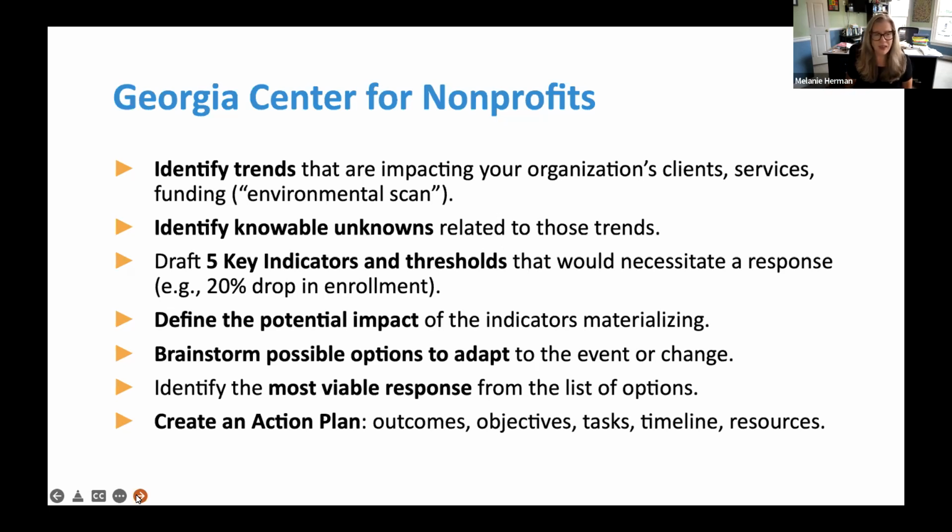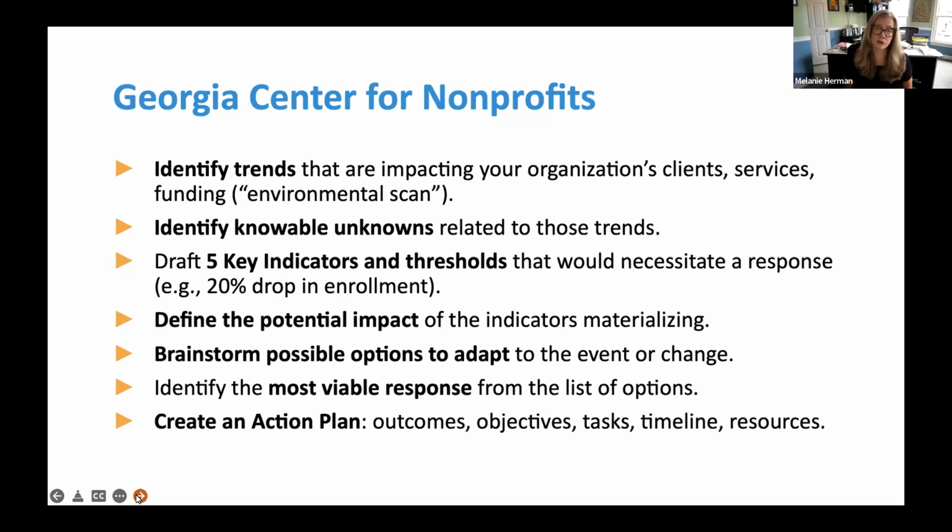And then the next step is to draft 5 key indicators and thresholds that would necessitate a response, right? If this were to happen, we would have to act, right? If our vacancy rate in key positions goes from 10% to 20%, we would have to do something. We might have to contract out certain services.